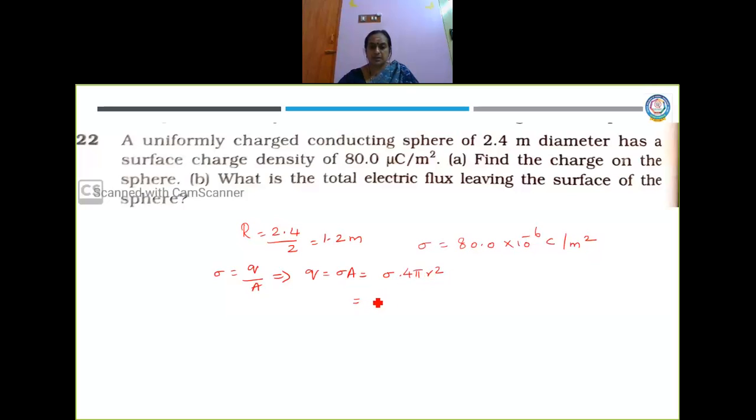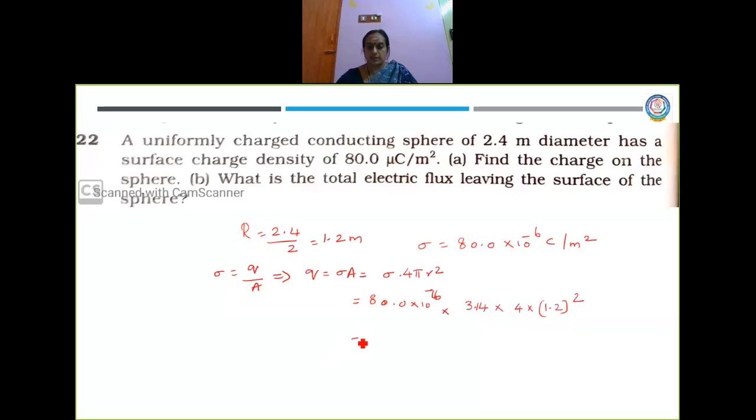So substitute. Sigma is 80 into 10 power minus 6 into 3.14 into 4 into R square, which is 1.2 the whole square.